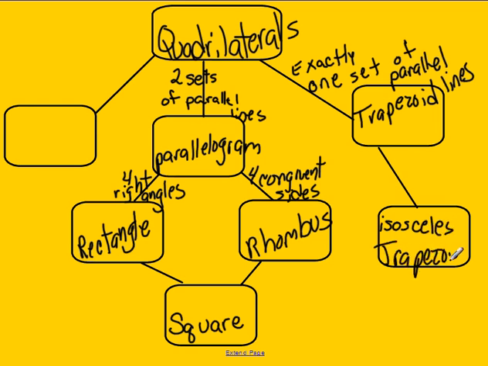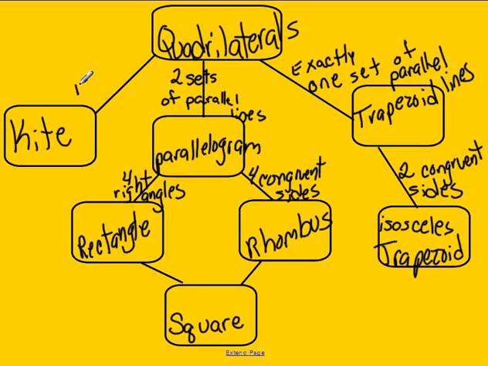You guys are never going to forget that now, are you? And an isosceles trapezoid has two congruent sides, okay? And finally, the last word for our chart is a kite, and a kite has no parallel sides. Make sure you have all these extra little notes written in here. Those are really super important, and I will be looking for those tomorrow.